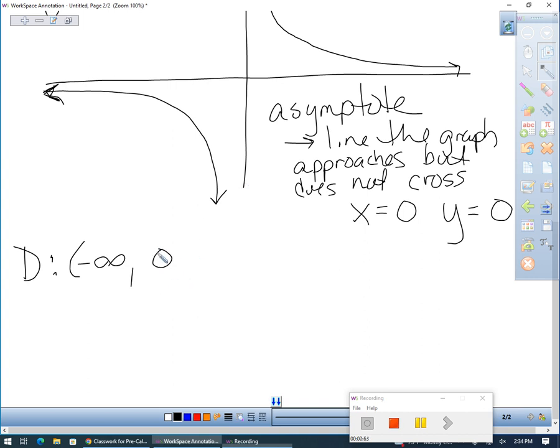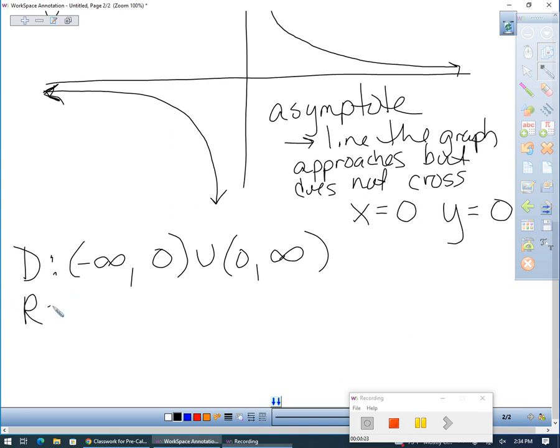It can get really, really close to 0, but it can't equal it. So we're going to put it in parentheses. Then it jumps right over that x equals 0 and starts over here at 0 again on the other side. So we're going to put a union, start back at 0, and go all the way to positive infinity. So you'll notice where the asymptote is, x cannot exist in your domain, right? Okay.